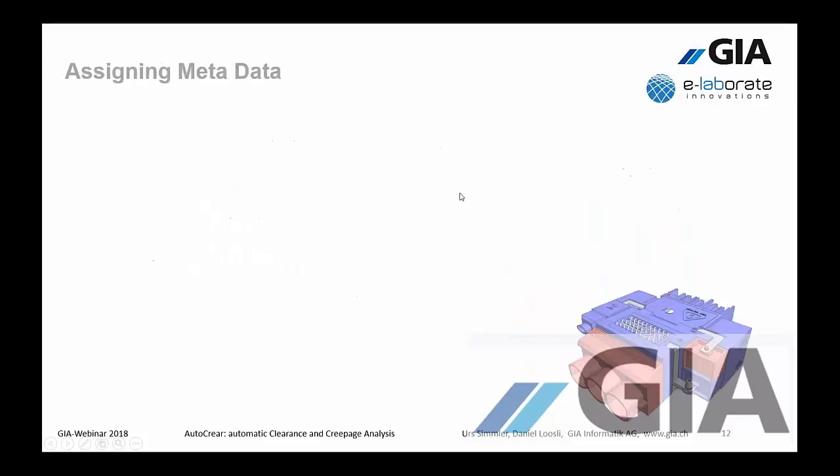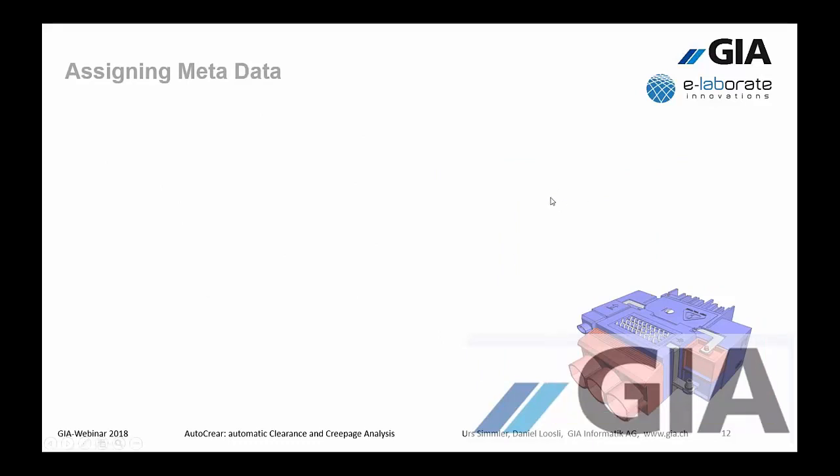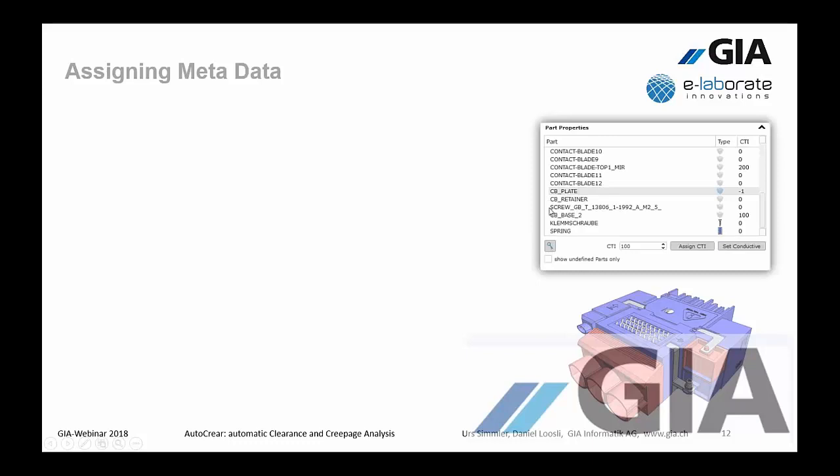Okay, and then the data is right now in AutoCrear. It will be visualized and you get the opportunity to show them with special colors. These colors show you, is the component conductive or is it an insulator?